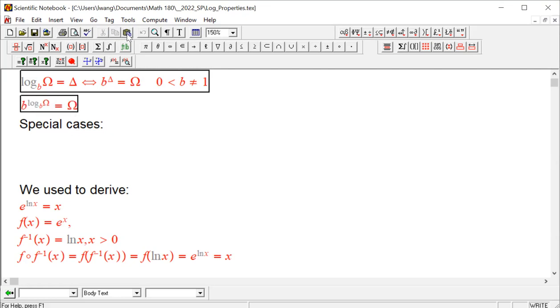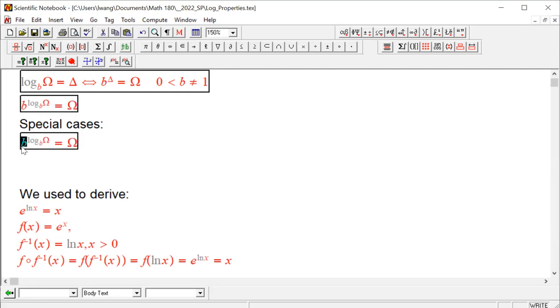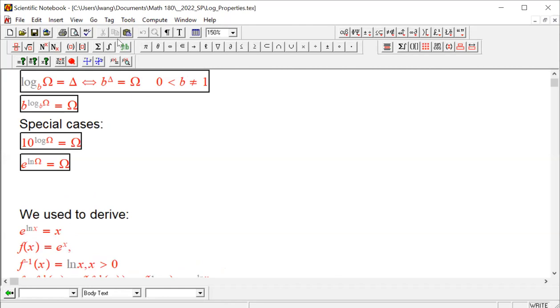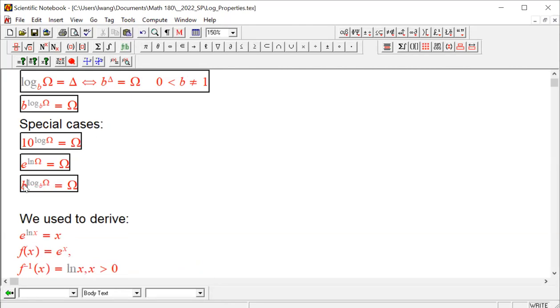This special case, when b is 10, this is going to be the common log. Okay, when b is e, this is going to be the natural log. Okay, when b is 2, this is going to be log base 2.